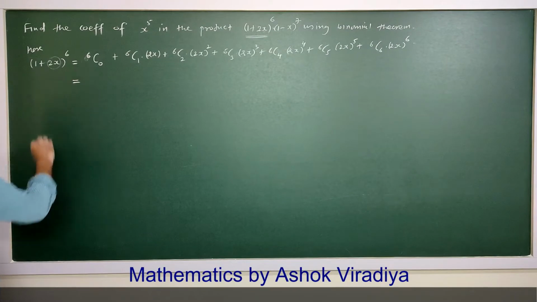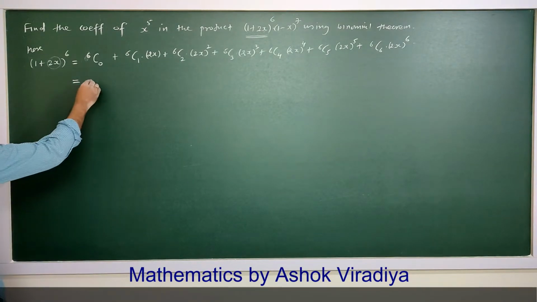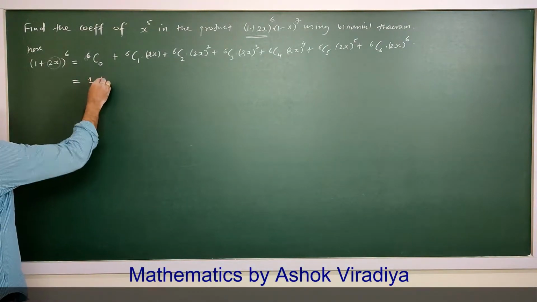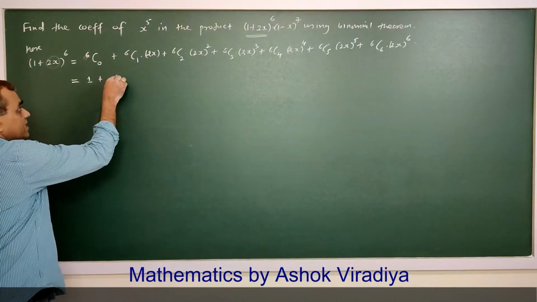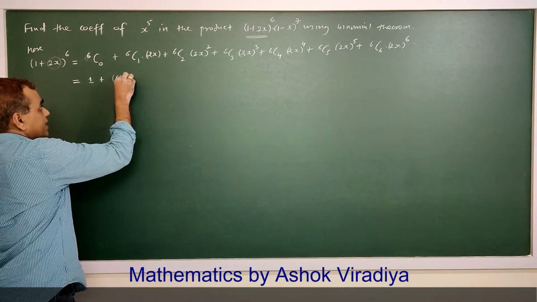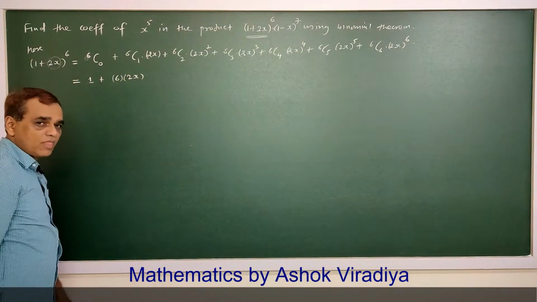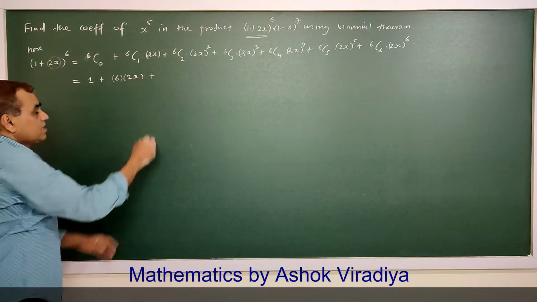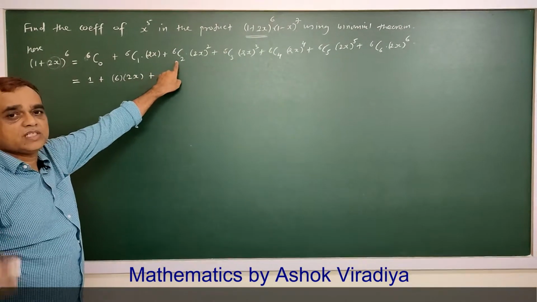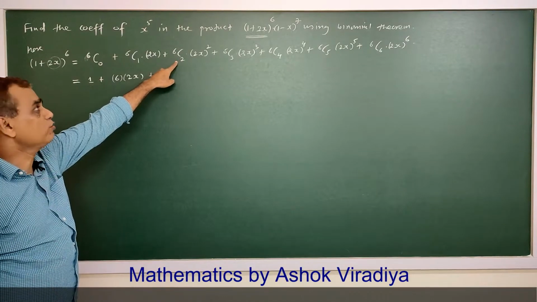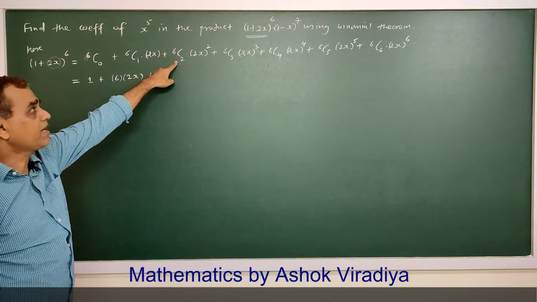So getting the value of this line, 6C0 is 1 plus 6C1 is 6 into 2x plus 6C2, 6 into 5 upon 2 into 1, 30 by 2.